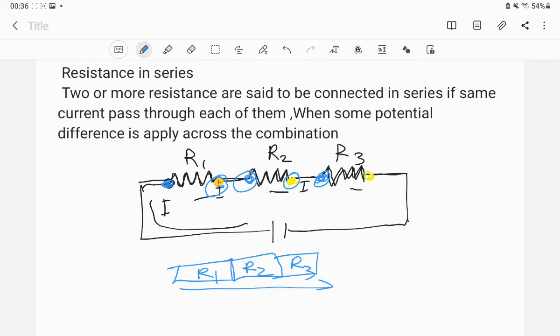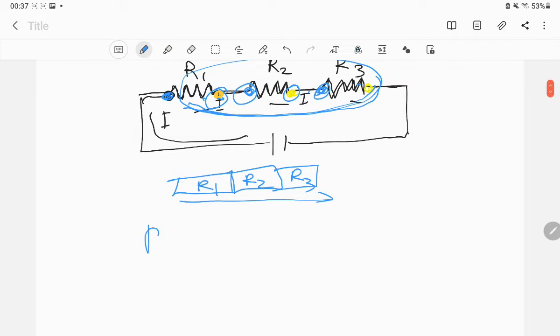So the resultant of these three resistances, here I am talking only about three, but there may be 2, 4, any number of resistances. What is the total resistance, or the resultant of these three resistances? R, the resultant of all three, will be equal to R1 plus R2 plus R3.